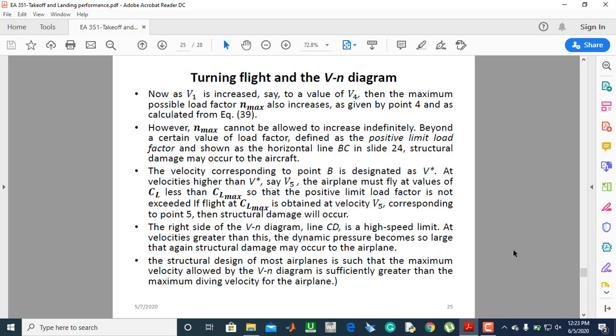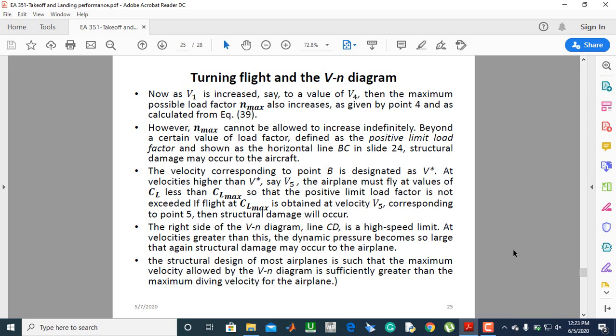All right. Now, the velocity corresponding to B is the ceiling beyond which structural damage will occur, and below which you are in the safe zone. The velocity that corresponds to point B on the VN diagram is designated V star.